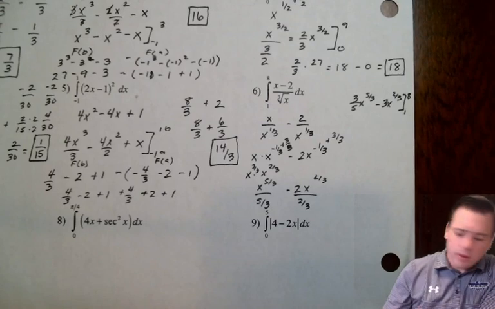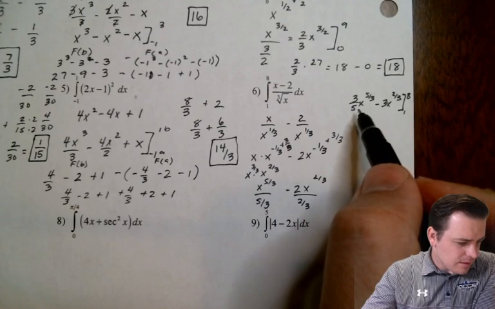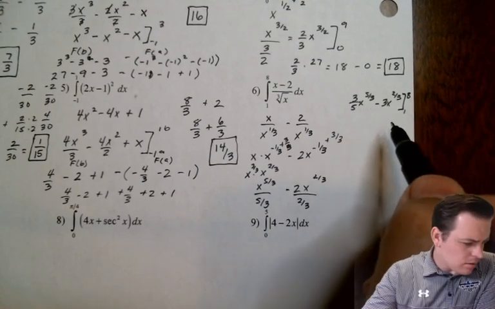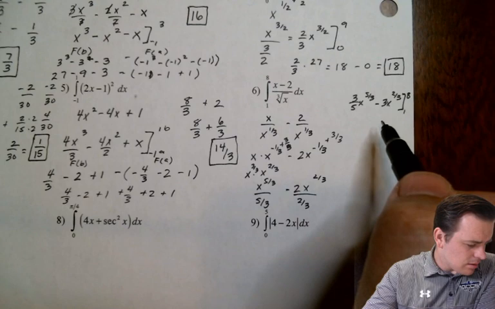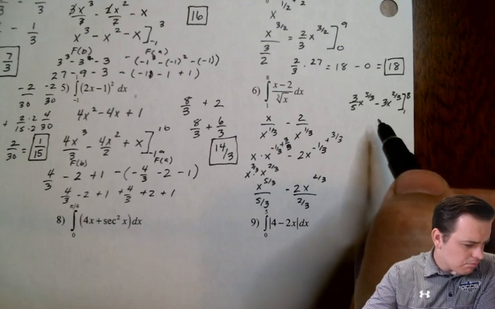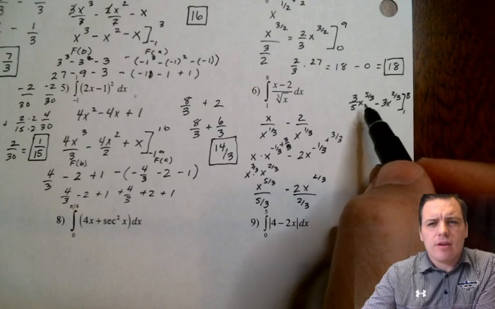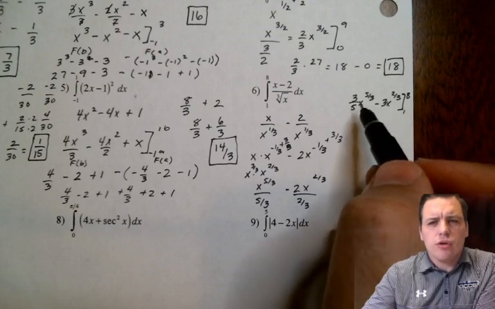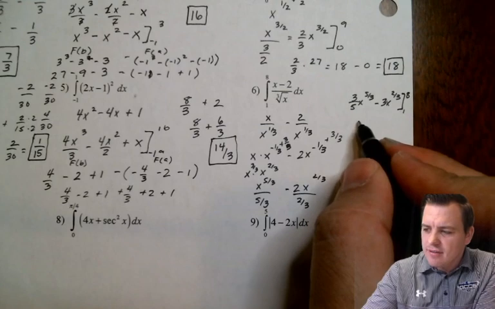Then we plug our upper limits in. If you plug an 8 into this right here, the cube root of 8 is 2. 2 to the 5th power is 32. 32 times 3 is 96 over 5.